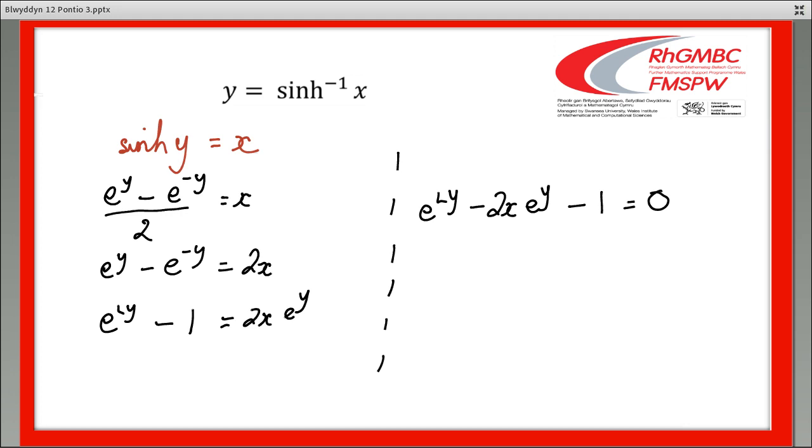I don't know whether that will factorize or not, so I'm not going to risk it. We're going to say that a equals 1, b equals minus 2x, and c equals minus 1. Now, substitute those into the formula.